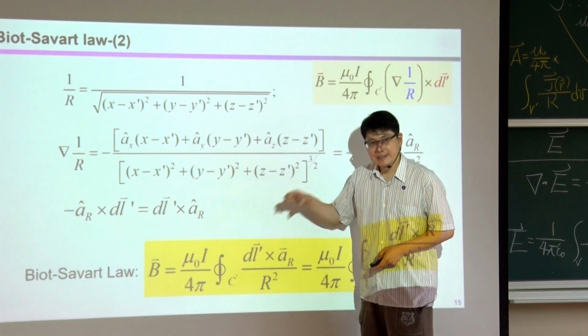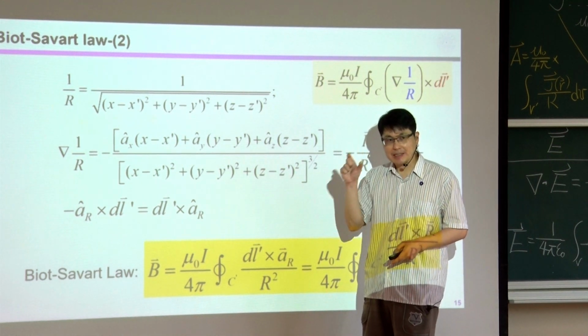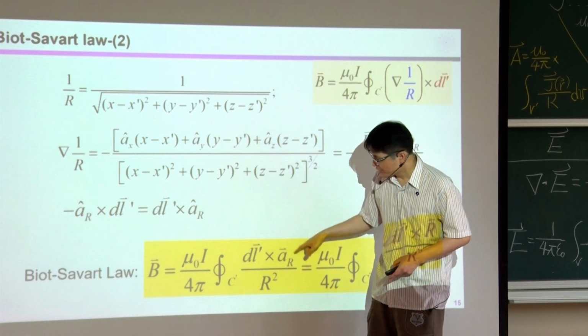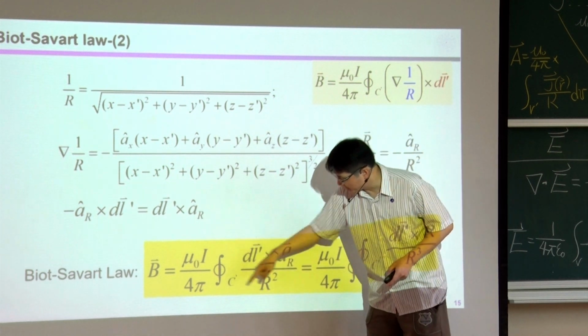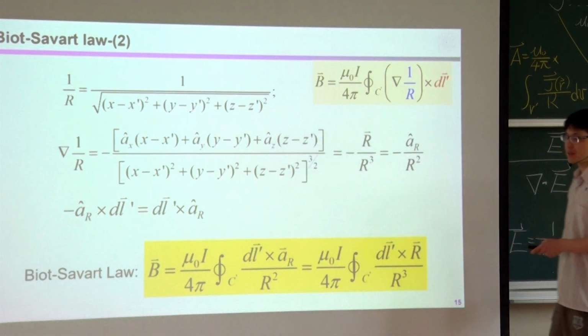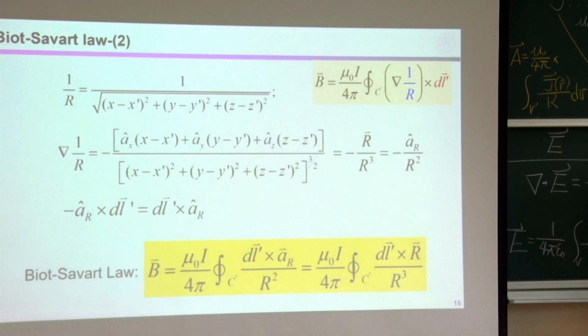Once you know the basic current conducting element geometry, all you have to do is perform the closed loop integration. You arrive at B directly. All right, so let me copy this result for you.